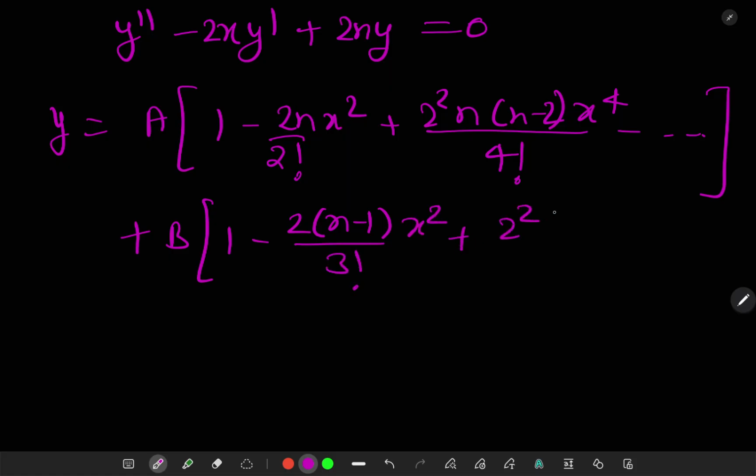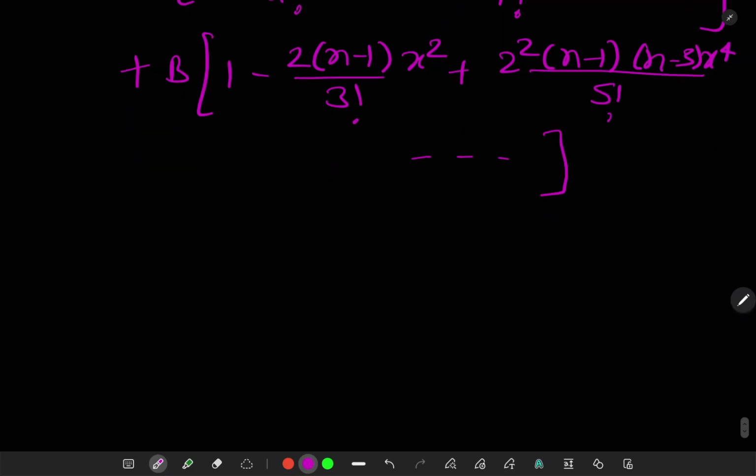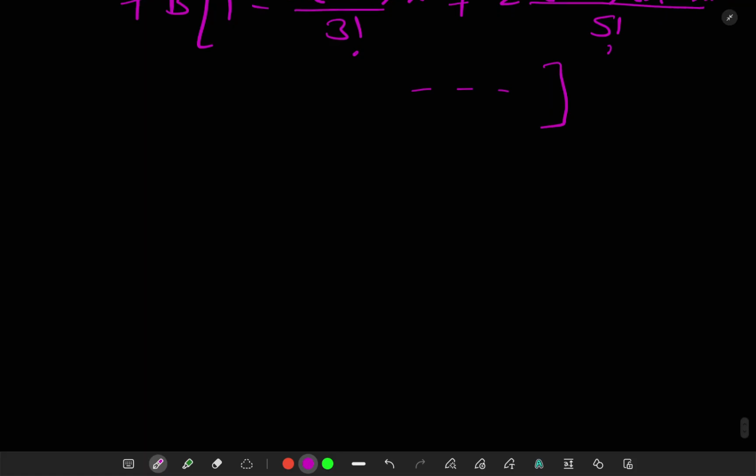Here this is the complete solution of the Hermite differential equation. Here a and b are arbitrary constants.